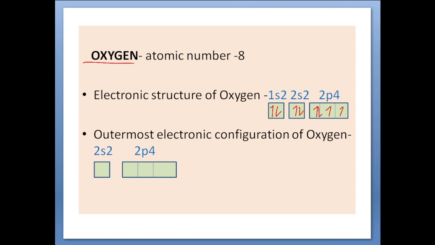The outermost electronic configuration of oxygen is 2s2, 2p4. The 2p orbital containing one electron participates in the formation of a sigma bond, and another 2p orbital unpaired electron participates in the formation of a pi bond.